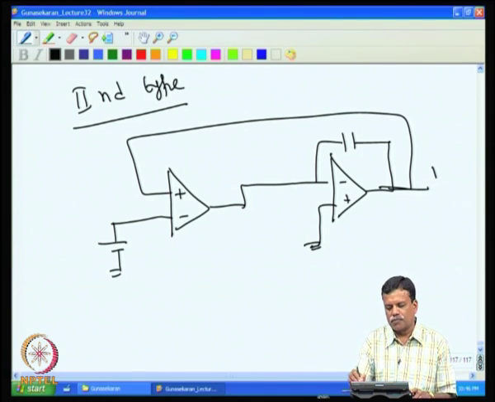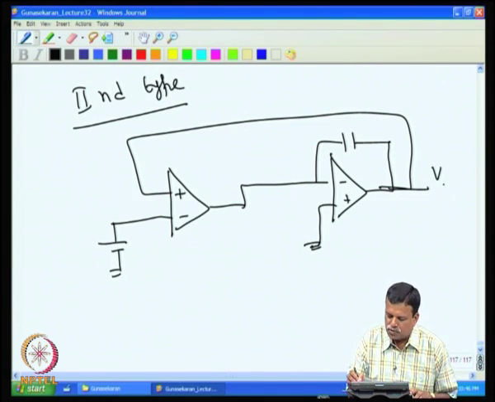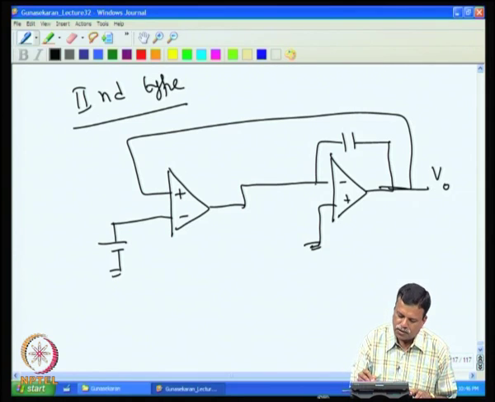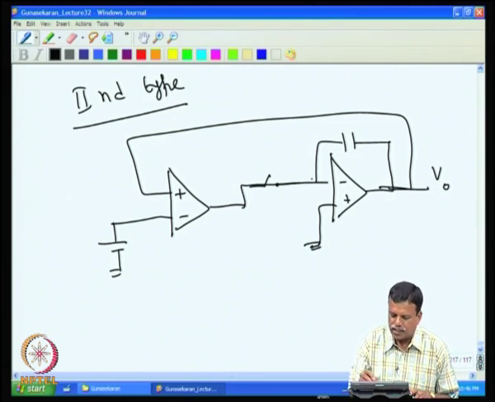So, the output can come here. In this case, it is good because one end of the capacitor, the charging end, is at ground potential, and when you operate the switch for disconnecting the input, the charge injection is very low in this kind of amplifier.